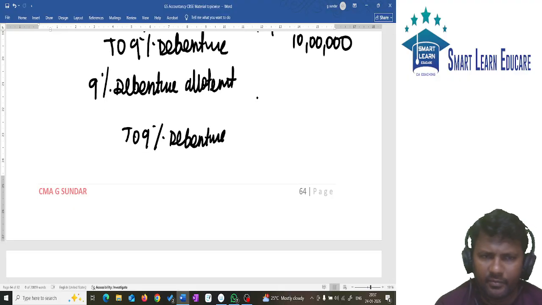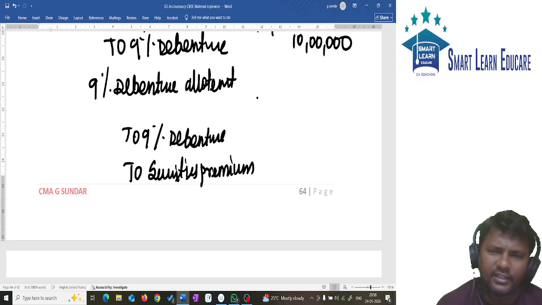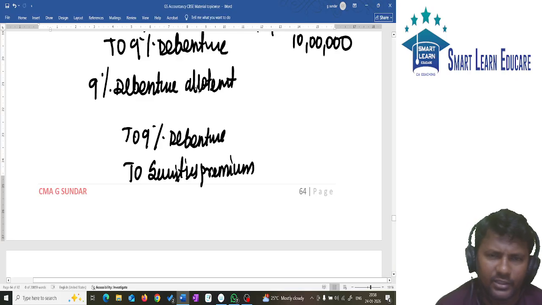What is the entry? Bank account, 9% debentures allotment account debit, to 9% debentures, to securities premium. So first write the entry, then we will complete the amounts.